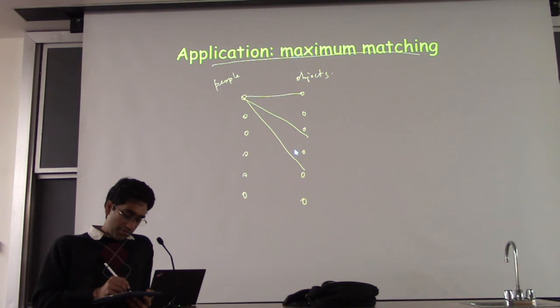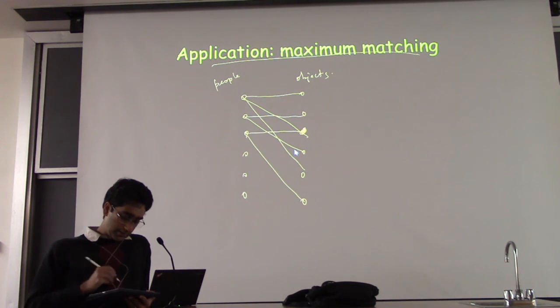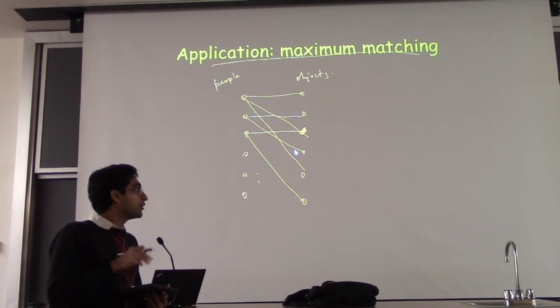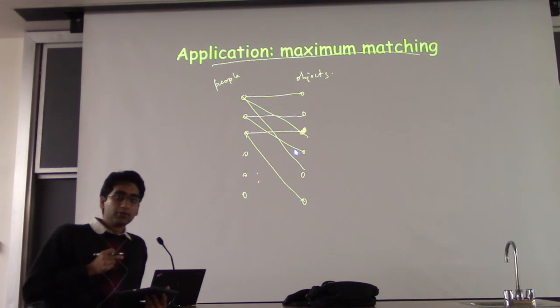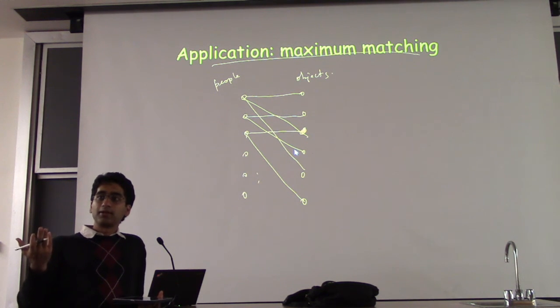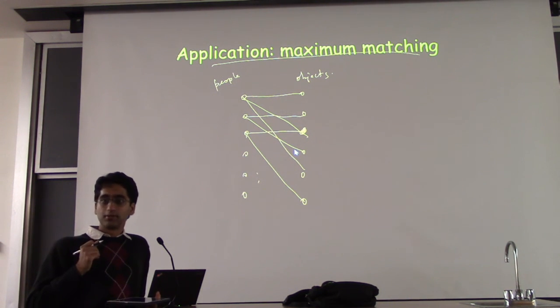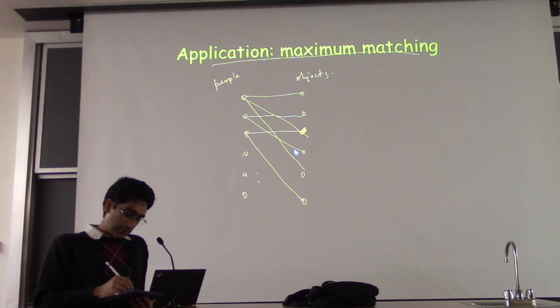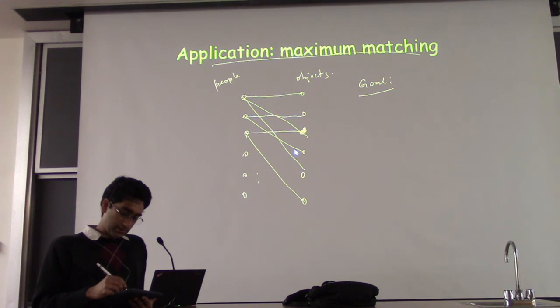This guy maybe likes this and this. This guy likes this, and so on. Now you've got to assign objects to people so that as many people receive objects they like as possible. So the goal is to maximize total happiness.